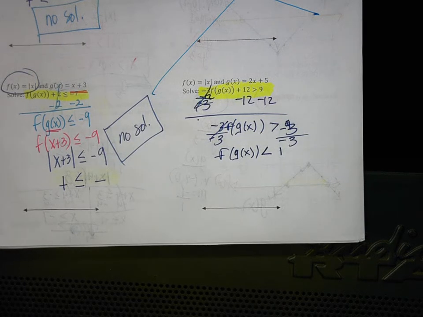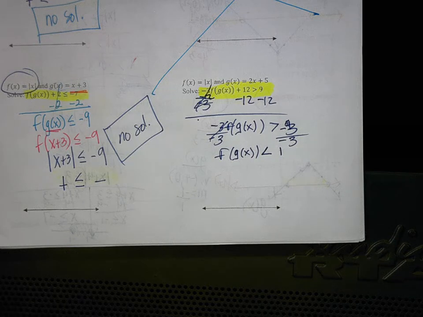Okay, now what's next? Does somebody else want to come up and do the next part? Carrie, you want to come up? Okay, come on up. So we're substituting in, right? You always start with the inside first. So we're going to substitute in for g of x.